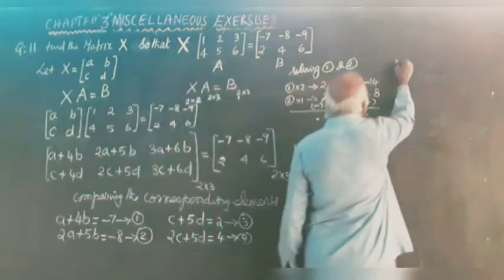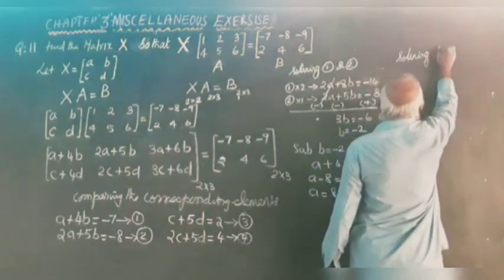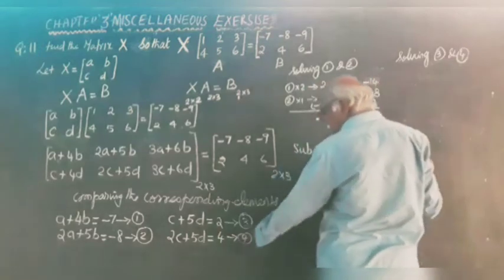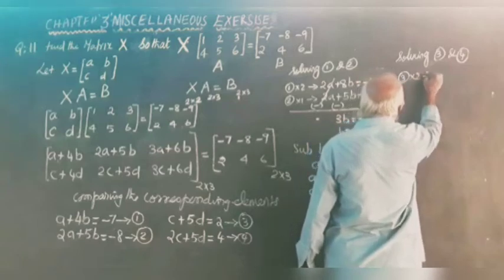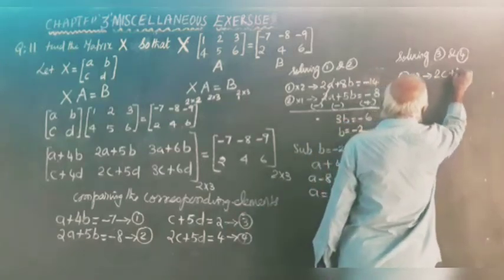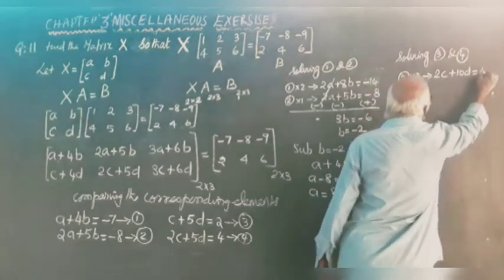Then solving 3 and 4. Equation 3 into 2 implies 2C plus 10D is equal to 4.